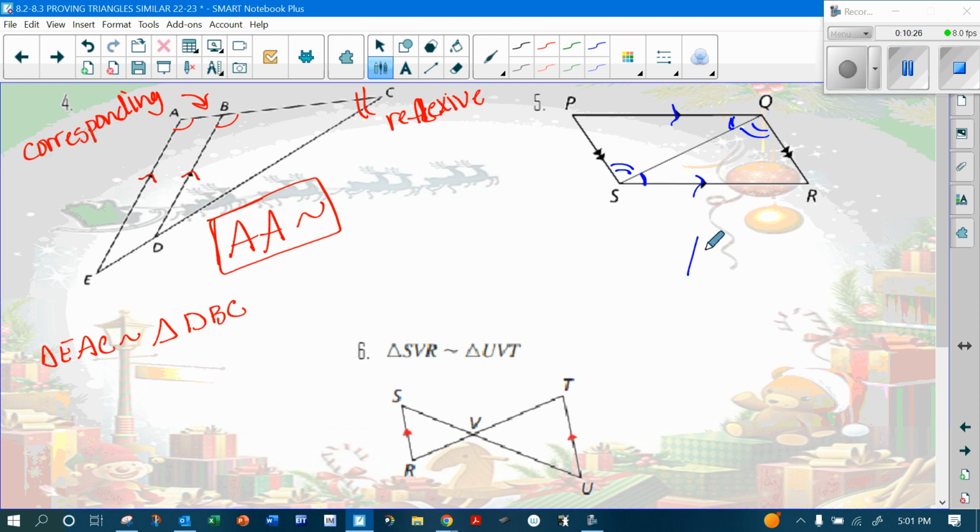So by angle-angle similarity, these two triangles are also similar. But to be even more specific, you've got your alternate interior angles here, so alternate interior angles.